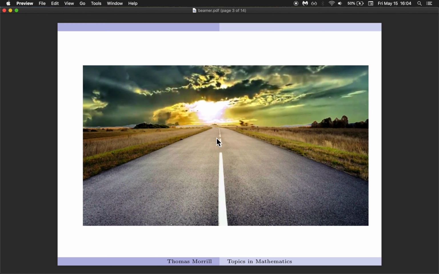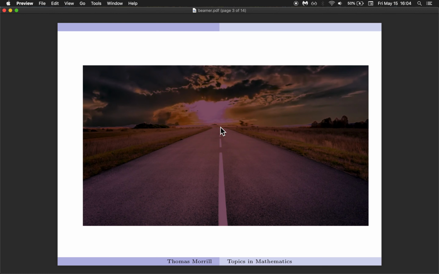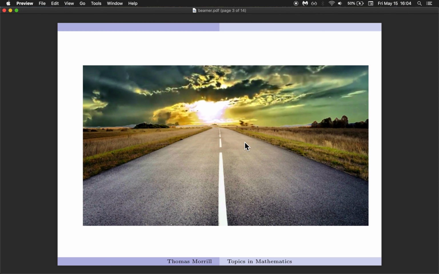And it looks like the median strip is going to end at some point here on the horizon, as well as both the edges of this road are going to join it out there and meet it at that point. So artists would call a point like that the vanishing point. And since this picture only has one of those, this is single point perspective.